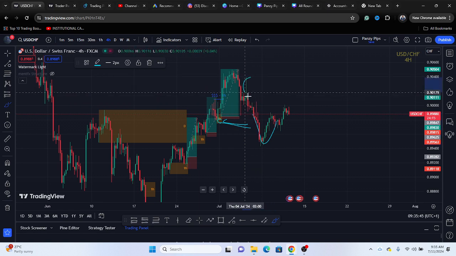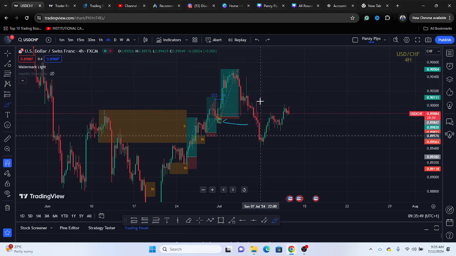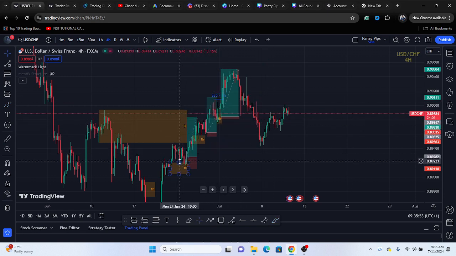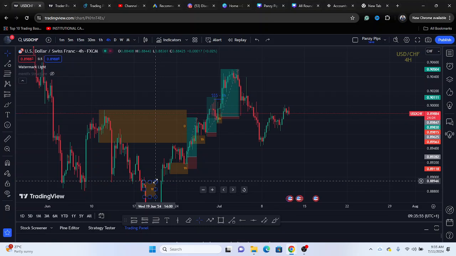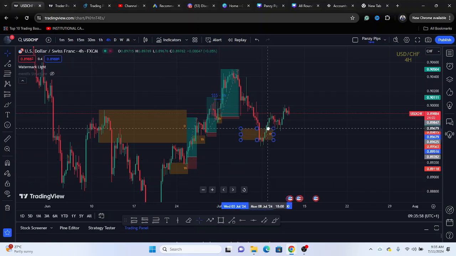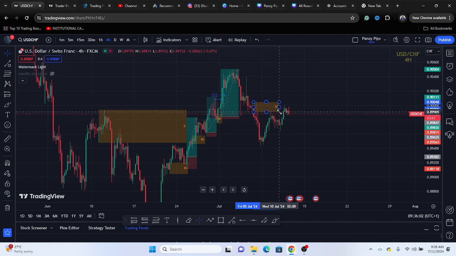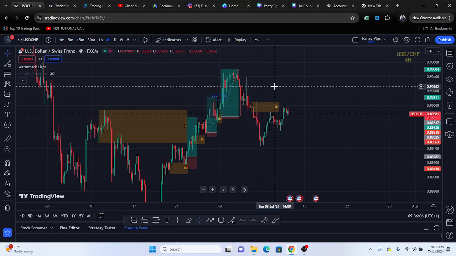It's actually here, but I like to use this zone. Okay, so I'm going to borrow this real quick and strike my zone here. Okay, so this is my zone. We're going to take it this way, and then take it this way.